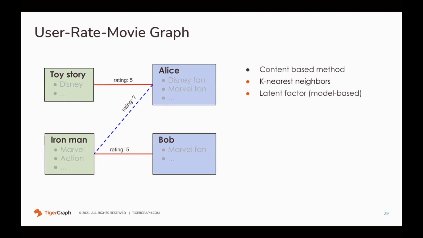What we are going to discuss in this talk is the latent factor model. The latent factor model will help us determine what are good recommendations for these users, and how we can use this machine learning model and train it in the database itself. Also, you can use hybrid or ensemble models, combining the content-based and model-based approaches to recommend movies to users.